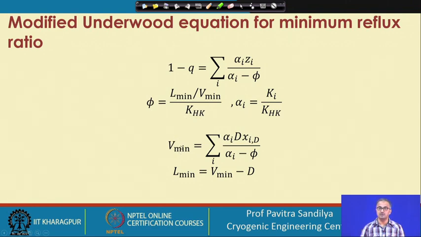This is the value of V min, this is the value of L min, and from this we can find the reflux ratio from the mass balance equation. I am not going to detail this; we shall learn more about these things when we do some tutorials on this kind of problems later.